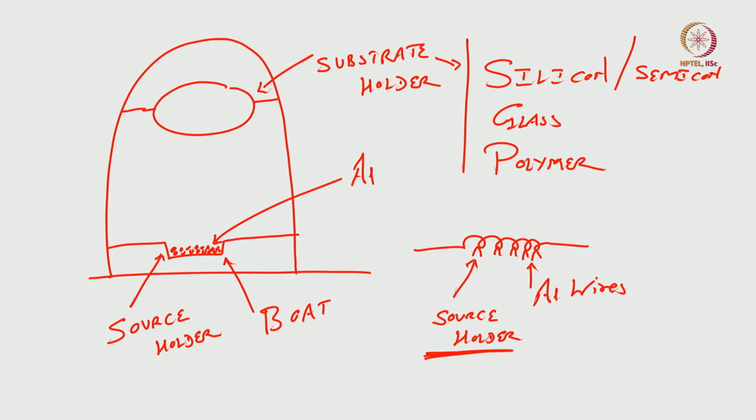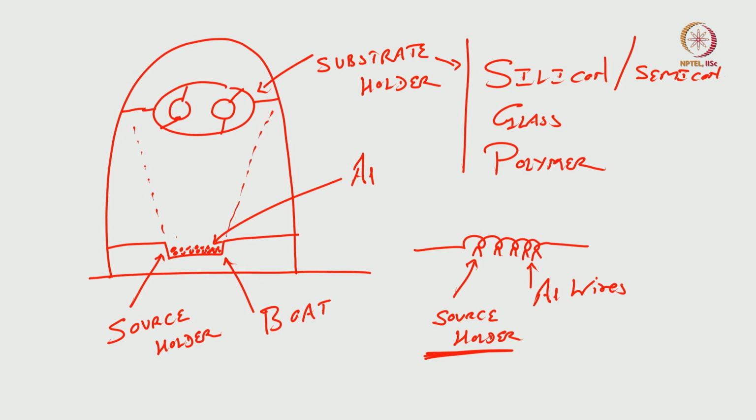Now, this substrate holder can hold many silicon wafers. Let us say we have 2 silicon wafers with a clip attached, so they will not fall. You understand that this is exactly above the source. So when there is a deposition, the deposition will be like this.